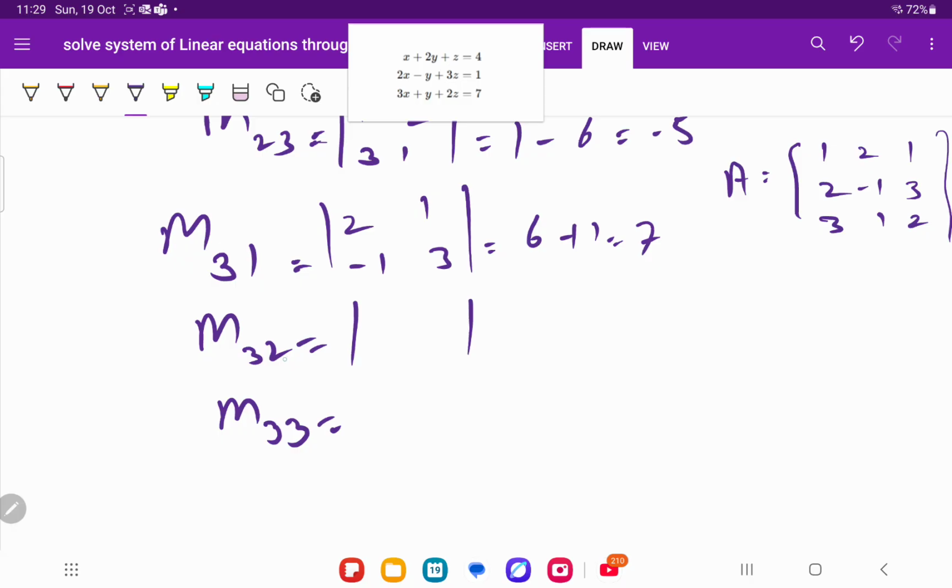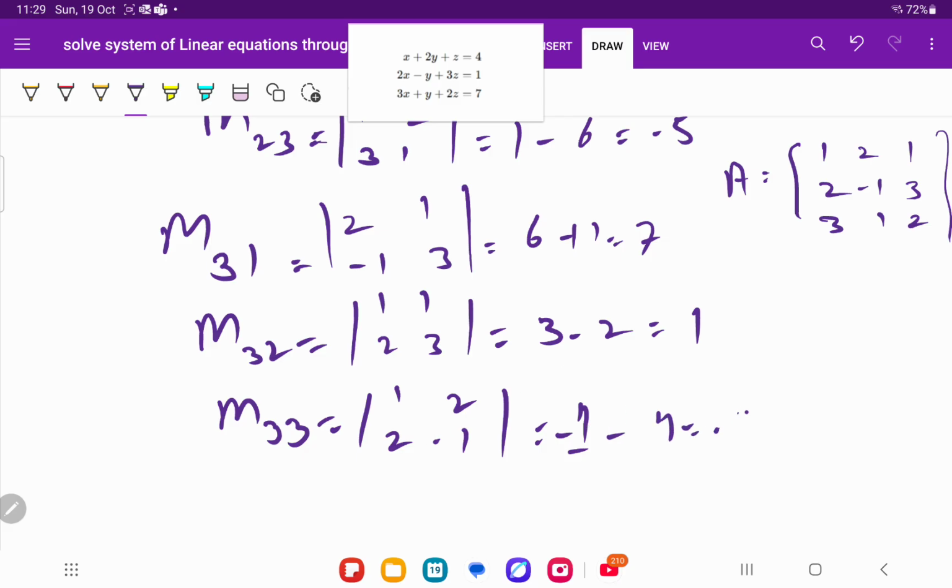Exclude row 3 and column 2. 1, 1, 2, 3. 3 minus 2, answer is 1. Okay. And 3, 3: column 3, row 3. 1, 2, 2, minus 1. 1 multiplied by 2... answer is minus 1. 2 multiplied by 4, minus 4, answer is minus 5.